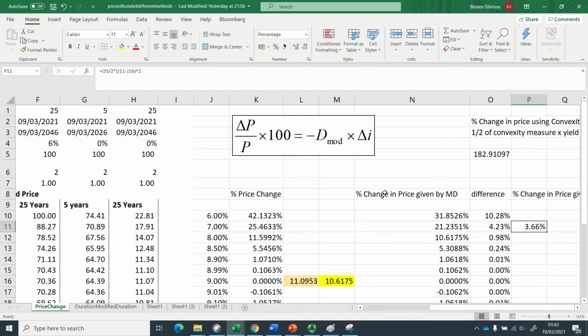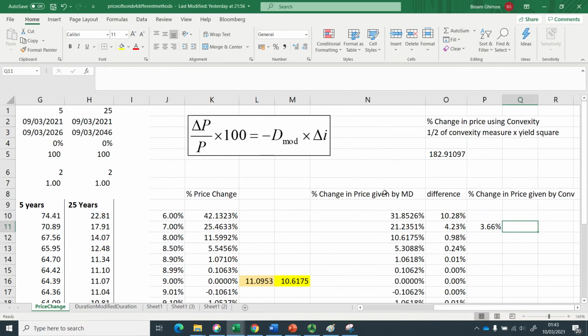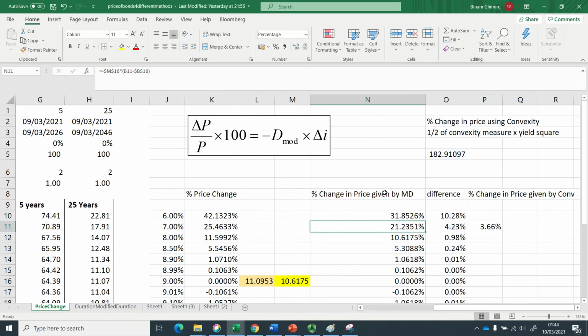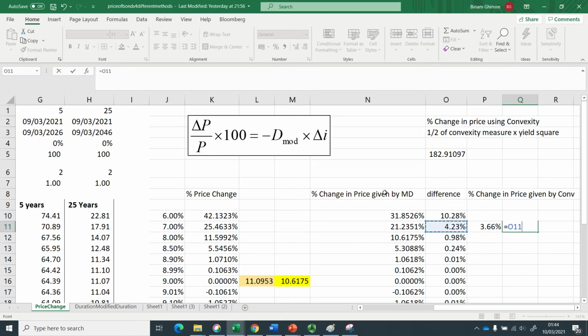Now if you add them together, this 21 point something and this 3.66, then you will get it very close to the actual percentage price change.